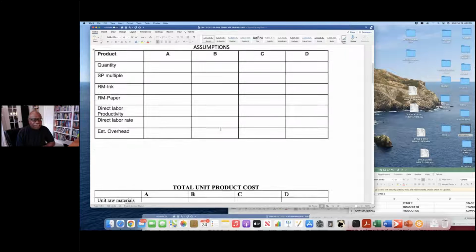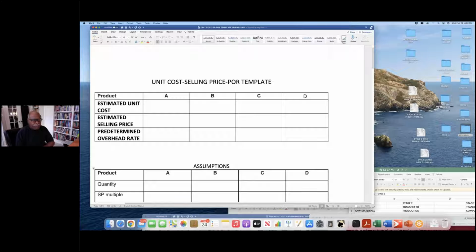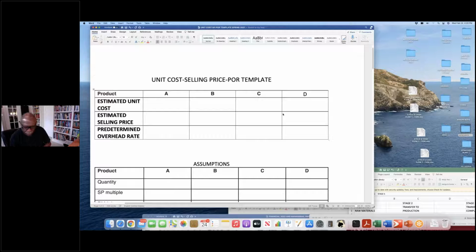Do we fill out that part last? Yes, you fill this out last, but it's the first thing I want to see. Oh, I was confused on that. So yes, you fill this out last. Then we're going to see how these answers are varying.